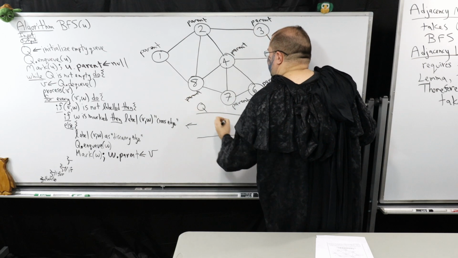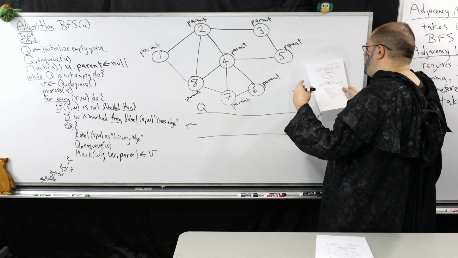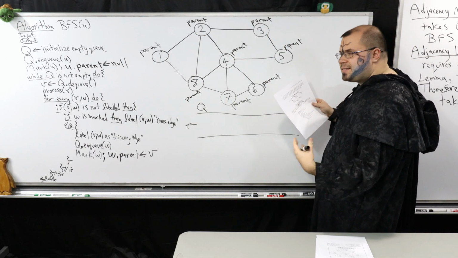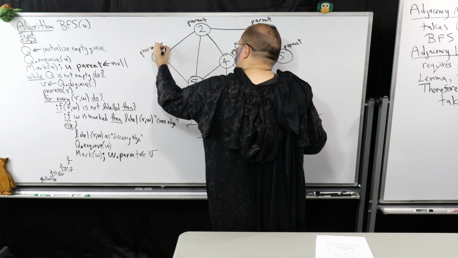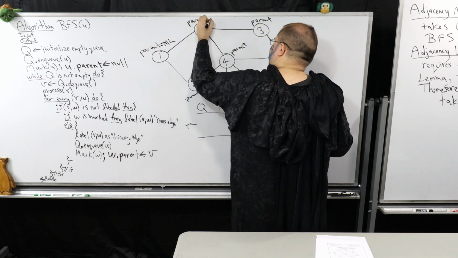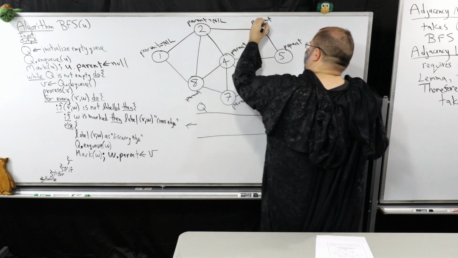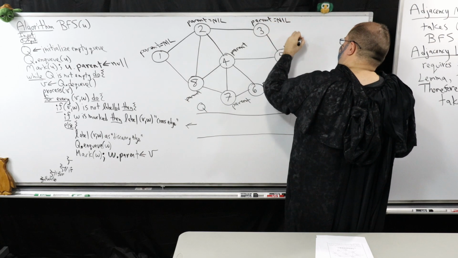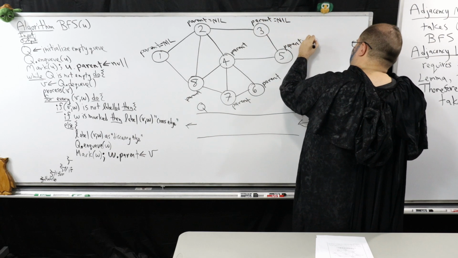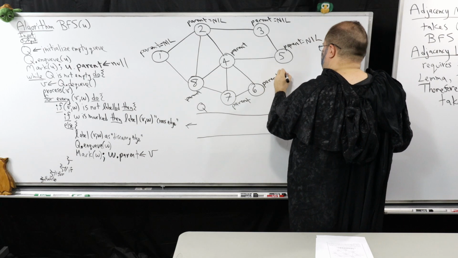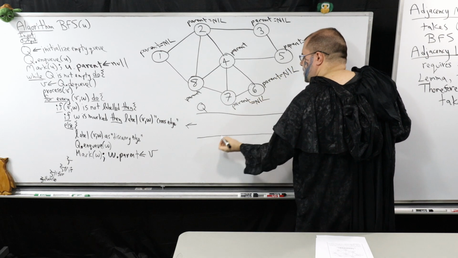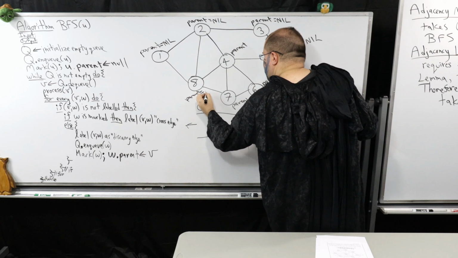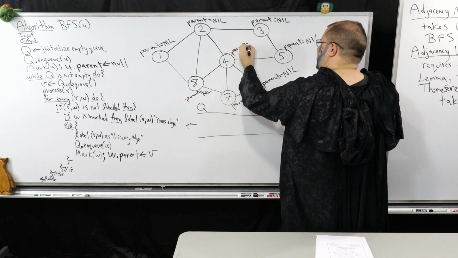I need to make sure all these have parents. And I'm going to assume at the beginning of this process that all of these may as well just be null. I'll say nil. I'll just assume that there's no parent quite yet. And I think I got them all.